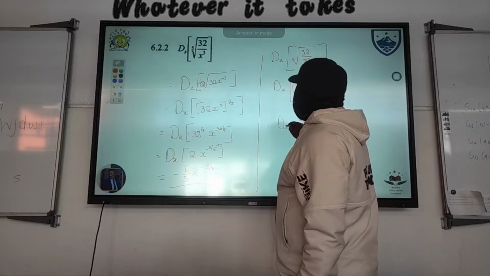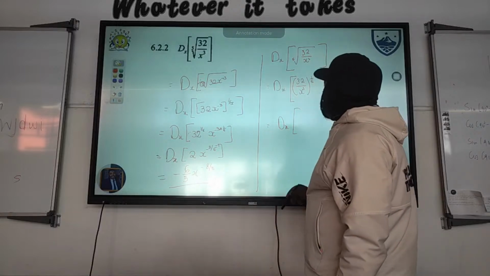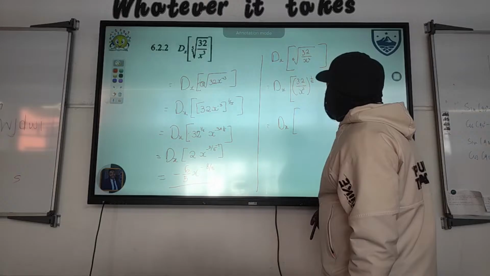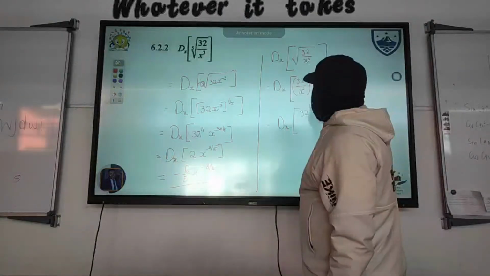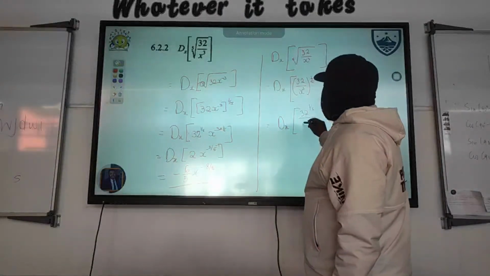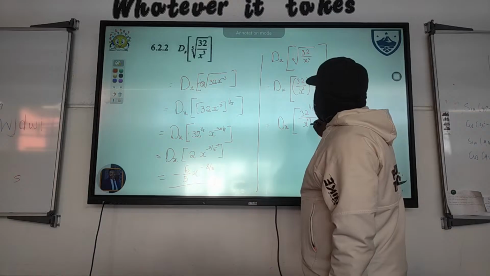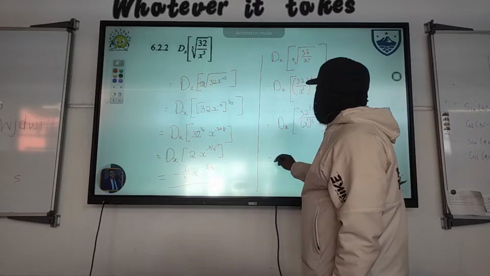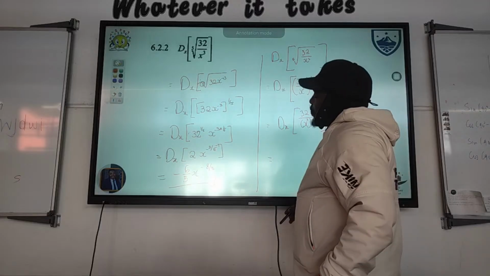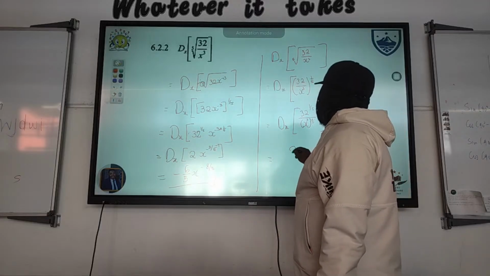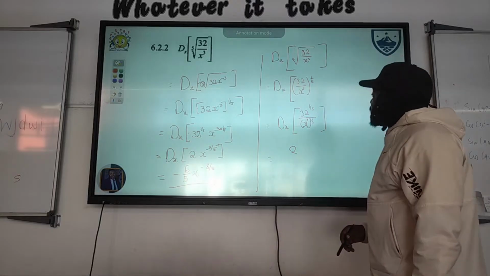So your dx is 1 over 5 over x to the power of 3, also multiplied by 1 over 5. The one on top, if you put that in the calculator, it will give you 2, because 2 to the power of 5 is 32.